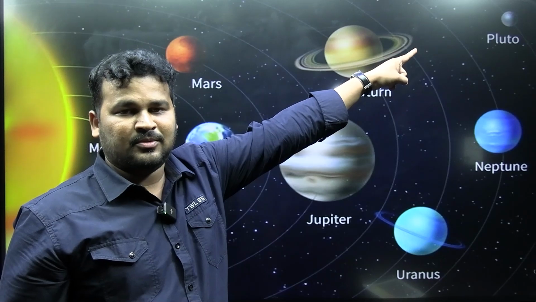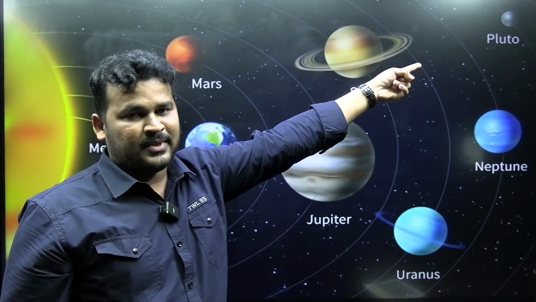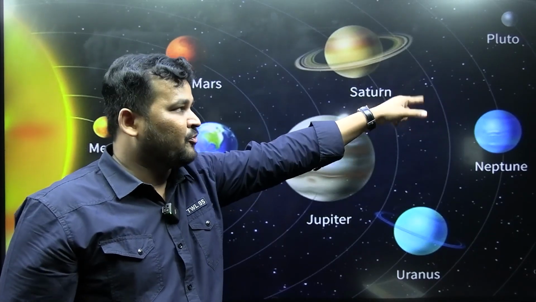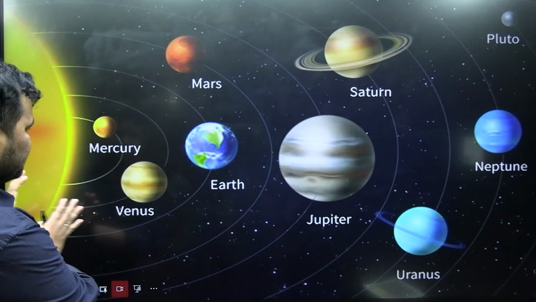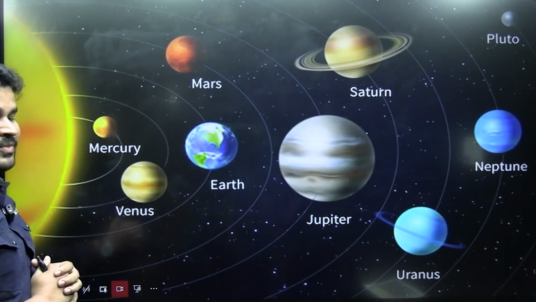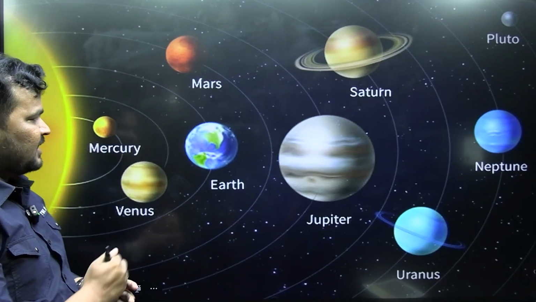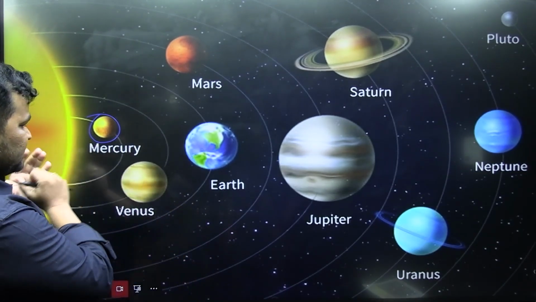Coming to Pluto, is it a planet? Definitely not. Then what is that? That was a dwarf planet. So we are calling it a dwarf planet. What is the nearest planet from the sun? Yes, exactly, Mercury is the nearest planet from the sun.